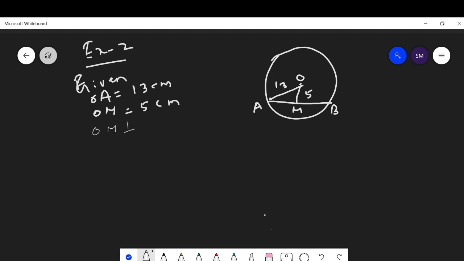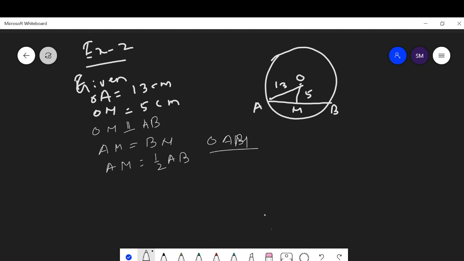OM is perpendicular to AB. And as we know, OM divides the chord equally, means AM is equal to BM, means AM is equal to half of AB.